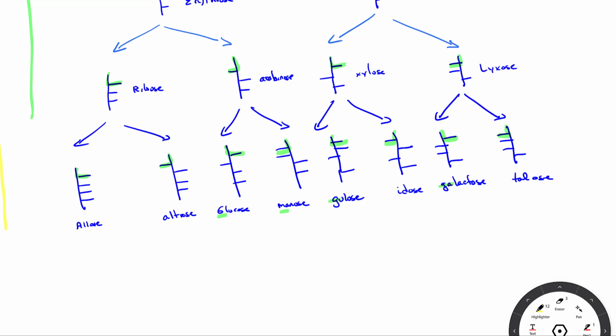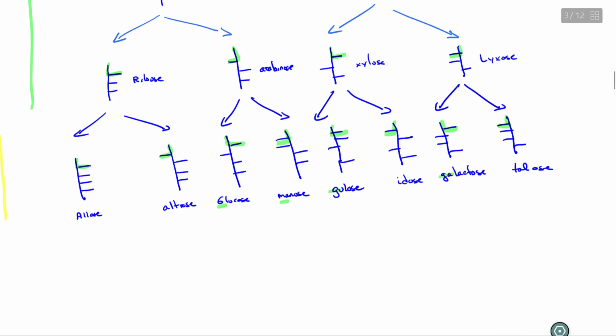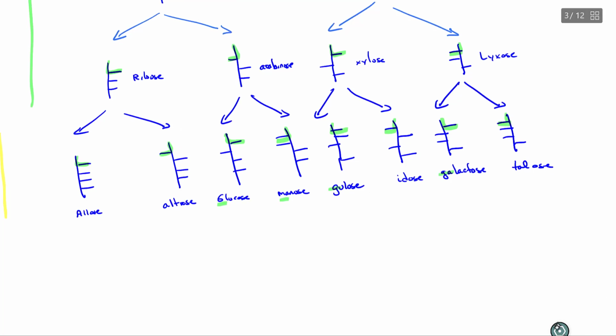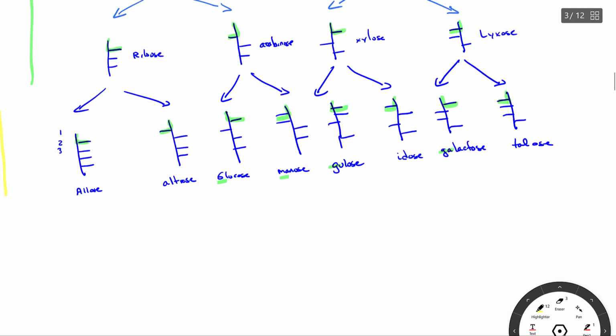So all altruists. If you'll notice, for allose, all the OH groups are pointed in the same direction. That's how it gets its name. And then altrose is only different at carbon number 2. So if you remember, this is 1 and 2 and 3 and so forth, all the way down, 4, let's say 5, and then 6.